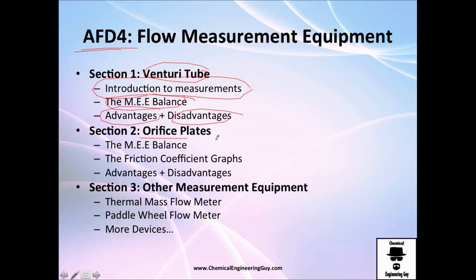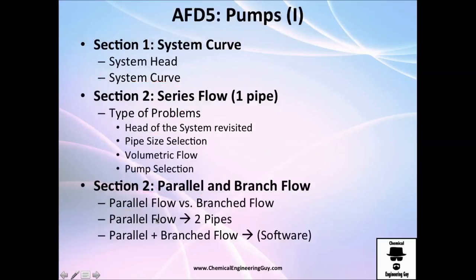Then we go and check out the orifice plate, which is easy to move and change. The venturi is difficult to be changing every time. Orifice plates are good, but kind of expensive. And finally, some state-of-the-art measurement equipment such as thermal mass flow meters, paddle wheel, magnetic, and many other devices.